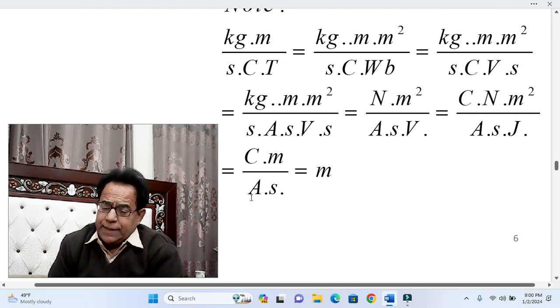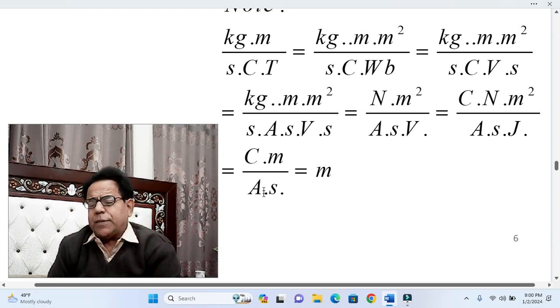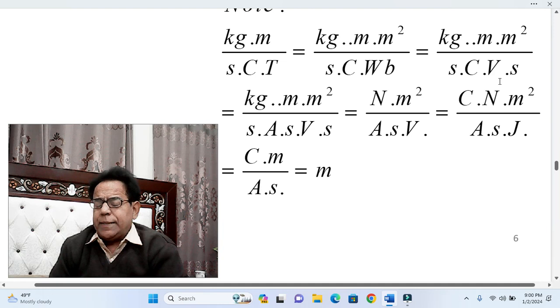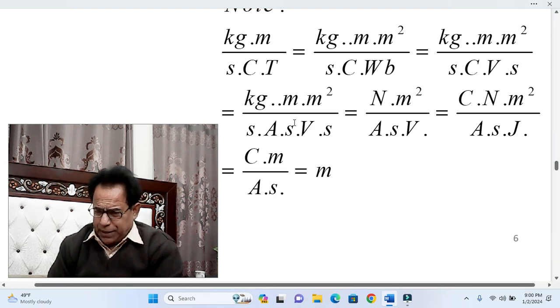It means ampere second is equal to coulomb, and hence coulomb is cancelled with the ampere second. So dear students, so many steps have been involved in one step, and we have directly written so many conversions into simply meter.